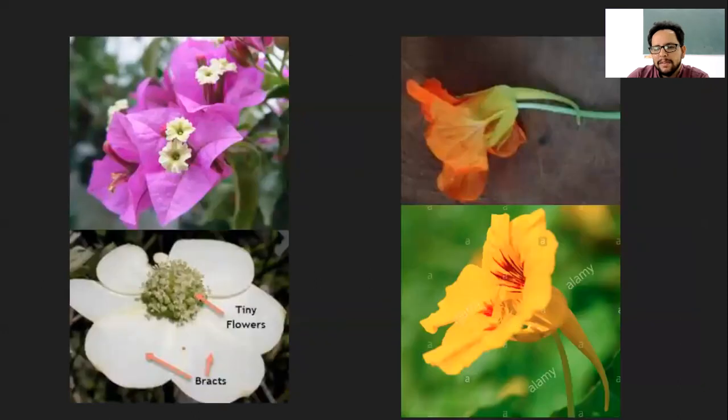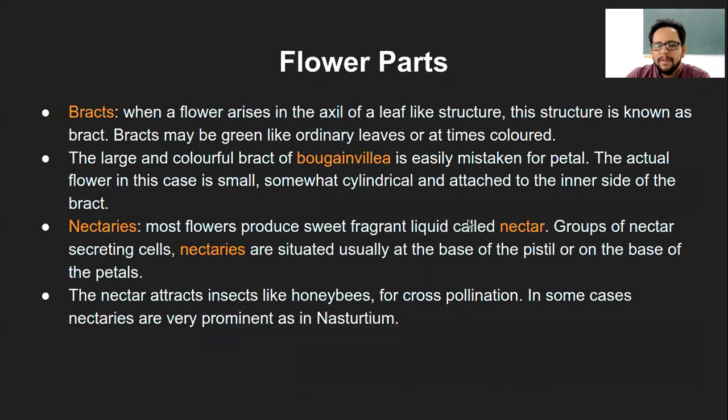Okay, I guess we will see this part and then we will stop after this. There are a few additional parts in some flowers, apart from what we commonly call carpel, stamen, petals or corolla, and the calyx.